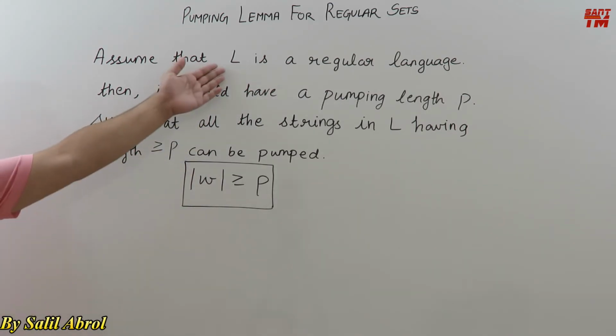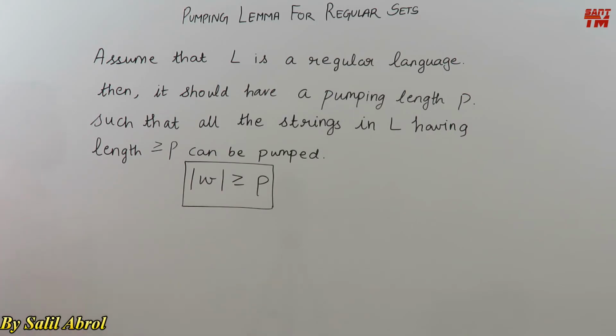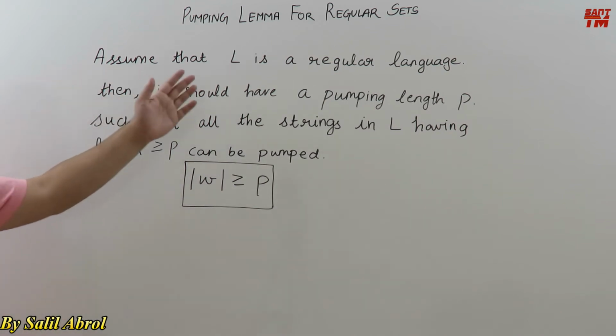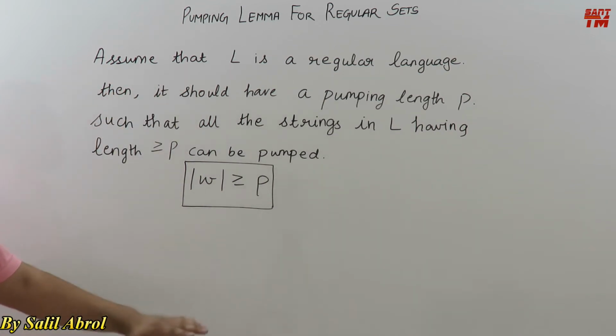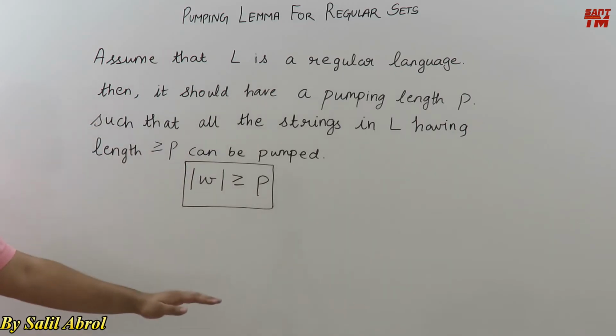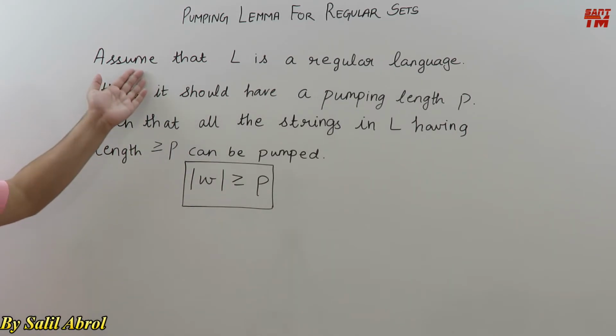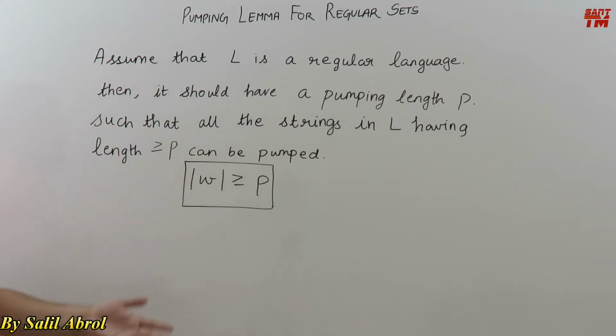Any language that we want to test for non-regularity by the pumping lemma, we will first assume that it is a regular language. After following the procedure of the pumping lemma, we will say that we have contradicted our assumption and thus the language is not regular. This will be the procedure.